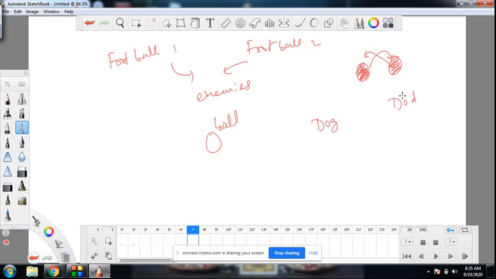There are two dogs. Okay, let me call it dog 1 and dog 2. Both these dogs are bitter enemies. But then they caught hold of a bone. Half of the bone is in dog 1's mouth, half of the bone is in dog 2's mouth, and these two dogs are quarreling.